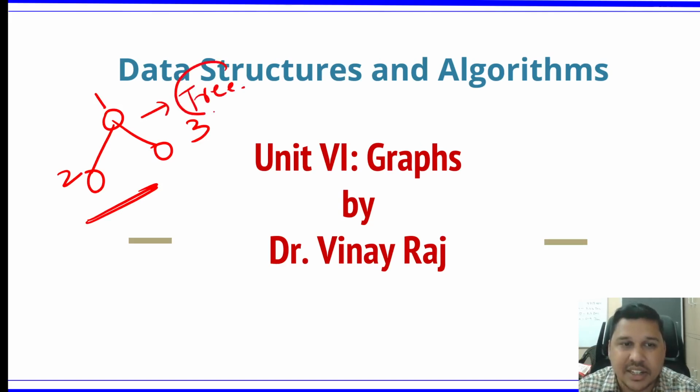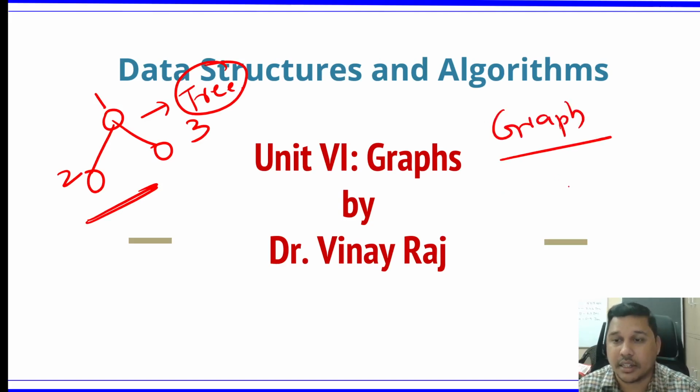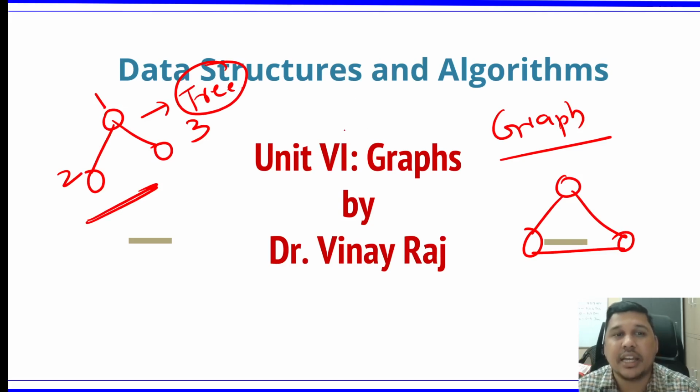Actually, a tree is derived from a graph, right. So, a graph looks something like this. So, what is the definition of a tree from graphs? If I say a tree is a graph without any cycles. See here, this is node 1, this is node 2, node 3, there is a cycle here: 1, 2, 3.